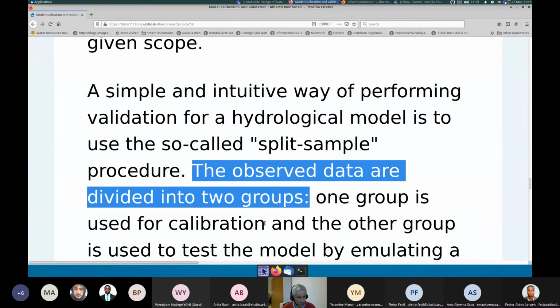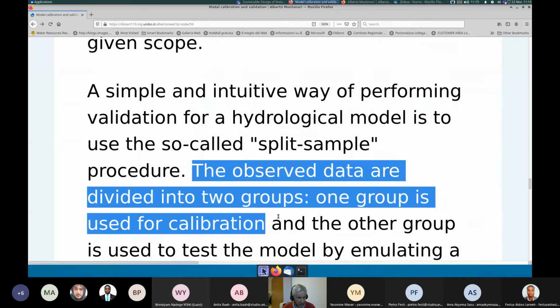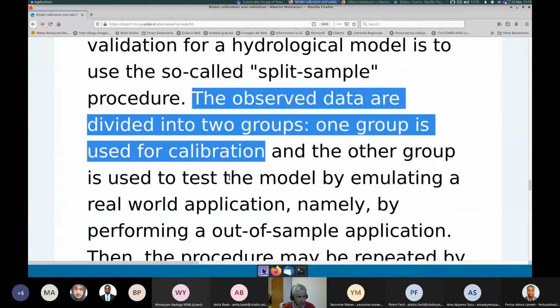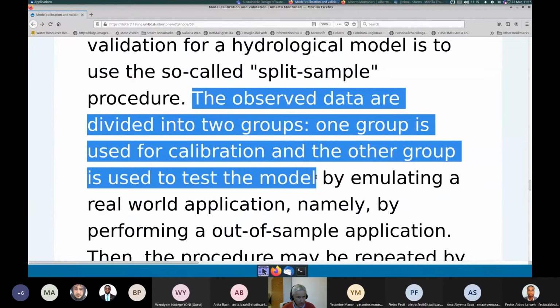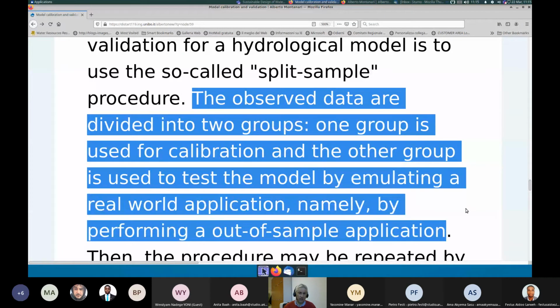One group is used for calibration, and the other group is used to test the model by emulating a real-world application, namely by performing an out-of-sample application. It is very simple.